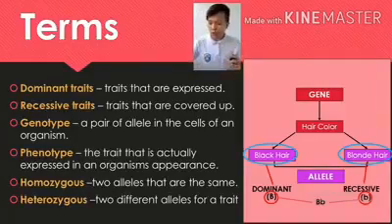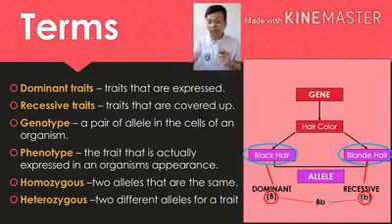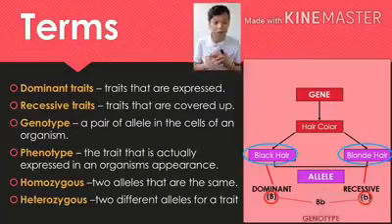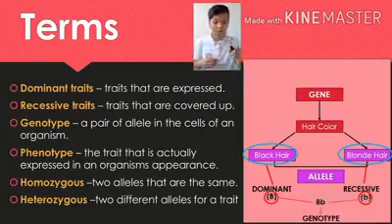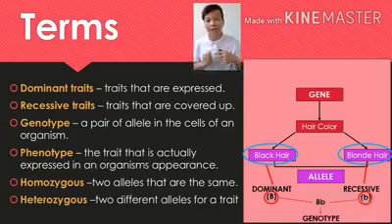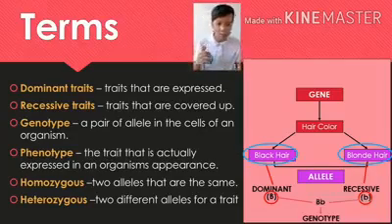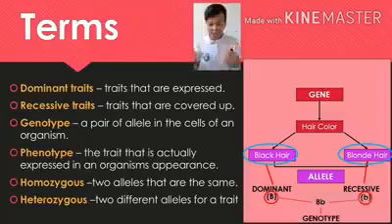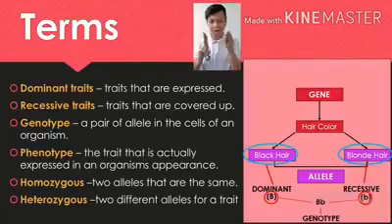Now, let's go to the genotype and the phenotype. Ano pinagkaiba nila? Genotype is a pair of alleles in the cells of an organism, which is ito nga yun. Yung capital B, small letter B dito sa ating diagram. Or pwede namang parehong capital B, parehong small letter B. Basta it is a pair of alleles, magkasamang alleles.